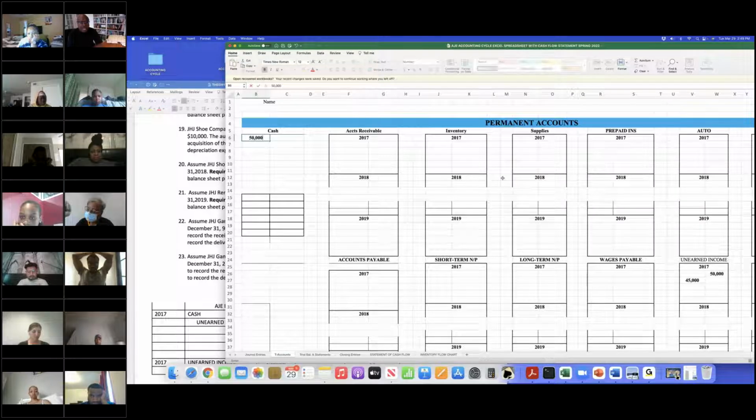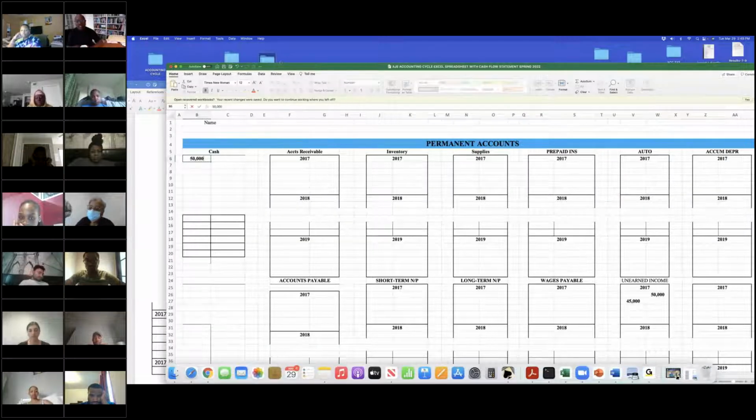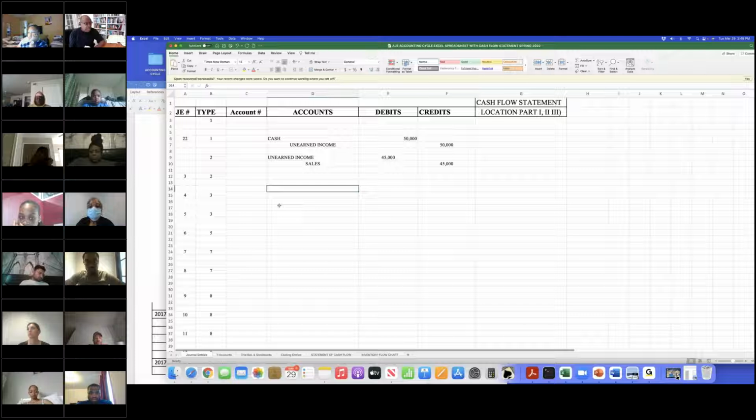So everybody is expected to be able to make that journal entry or adjusting entry. The entry when cash comes in is always a debit to cash and a credit to unearned income. That's always the case.